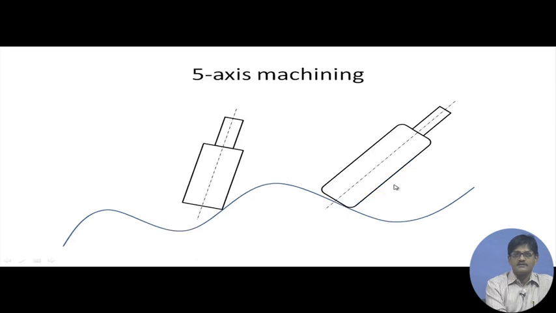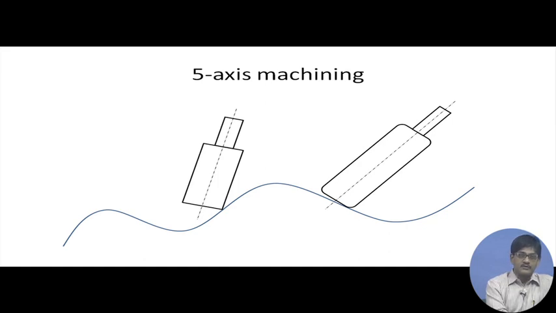However, this is not always the case if you have a more sophisticated machine. If you have a 5 axis machine where the cutter can be rotated about horizontal axis, once this way and once the other way, okay, once along this axis and another time along the axis coming out of the plane of the paper.